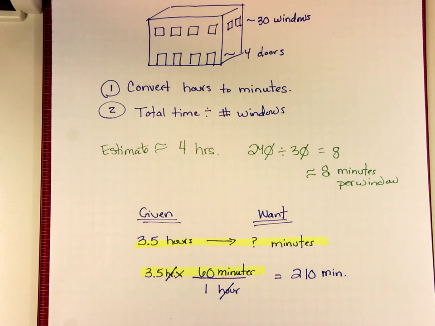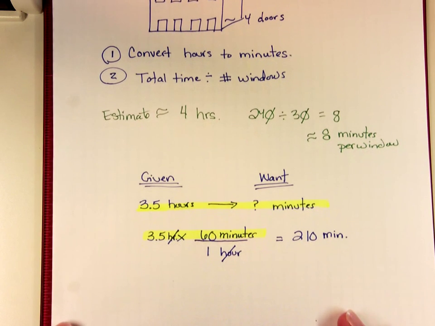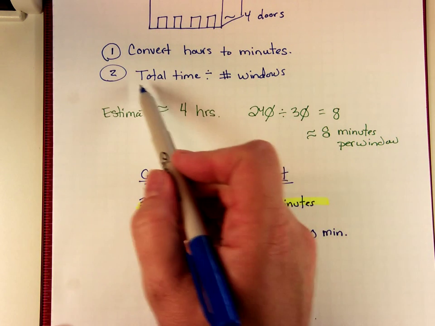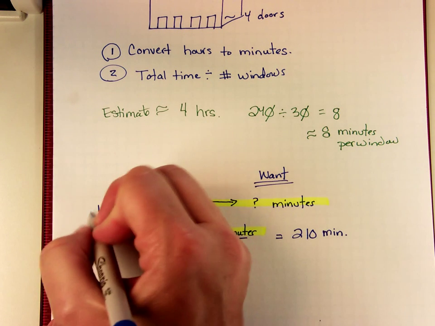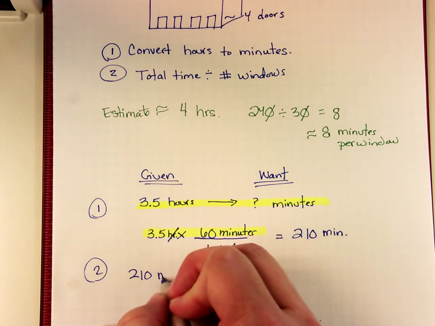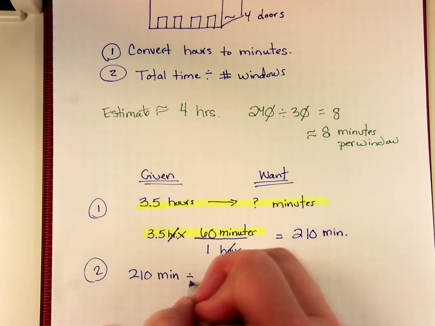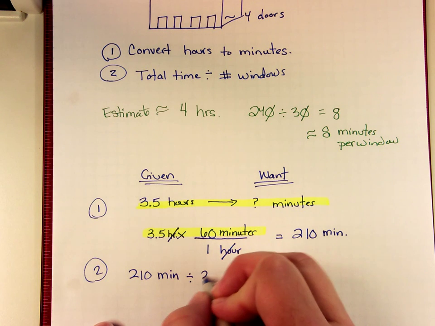It took 210 minutes to wash every window on an office building. Step number 2, now take that total time, divide by the number of windows. 210 minutes divided by 30 windows.